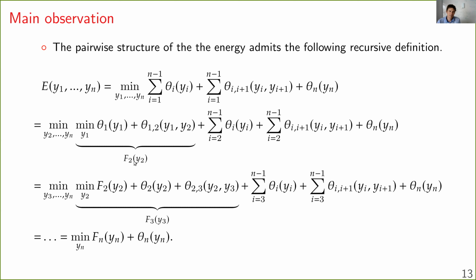And if you have successfully computed all these functions f2, f3, f4 up to fn, which is possible, you just need to enumerate all these different y's, select the one with the minimal energy, and then you have found your minimum energy, and you can back propagate the solution to the beginning. As you can see, this is nothing else than Dijkstra's shortest path, just specialized on this particular problem.